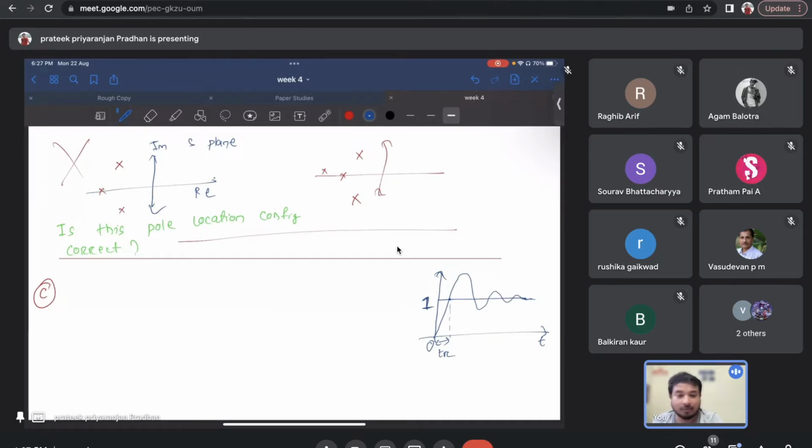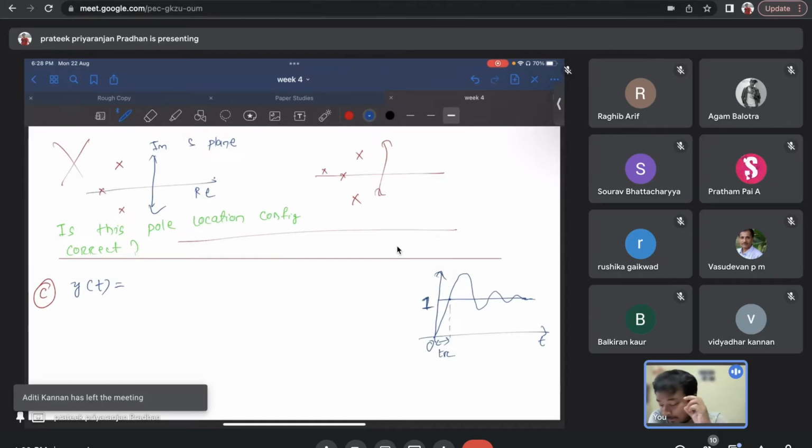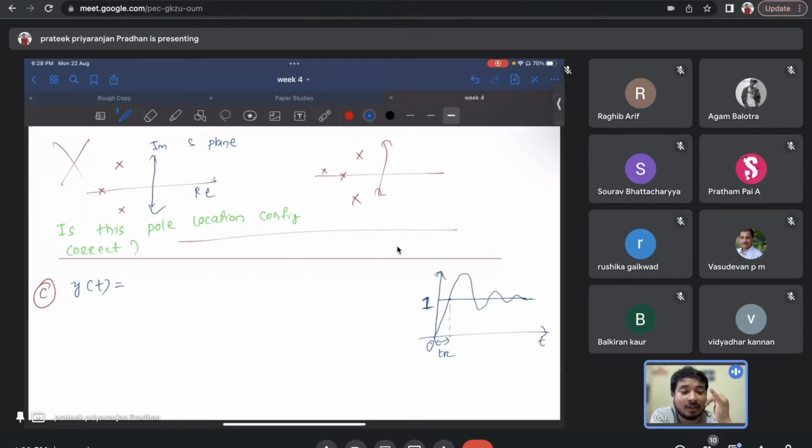Does anybody remember the whole formula of the second order system response? I'm not asking about the rise time formula only. I am asking about the whole y of t formula, because if you remember this formula, then all the questions will be solved. And mind it, if you are a student, you will definitely get this kind of question in your examination, step response or unit impulse response.